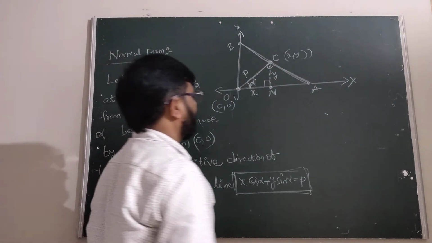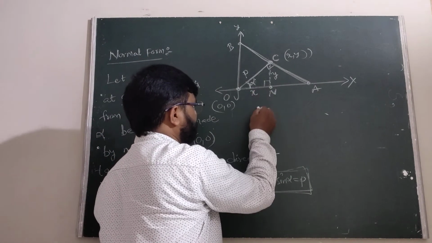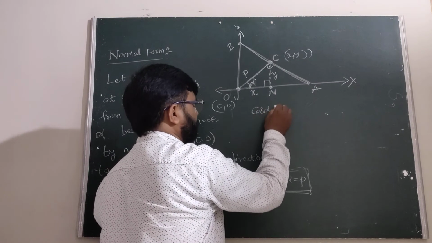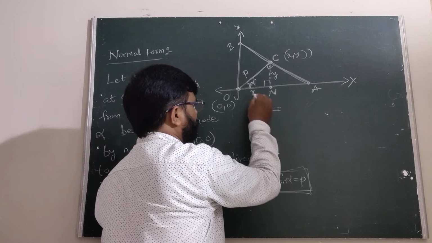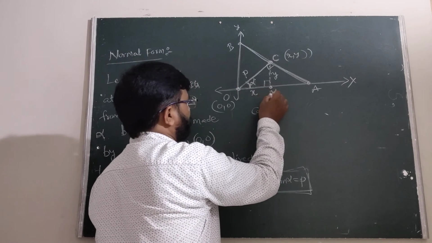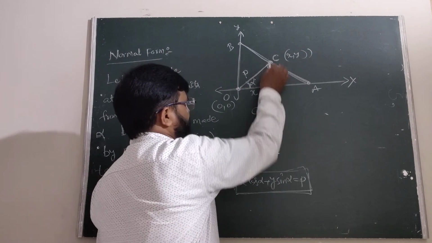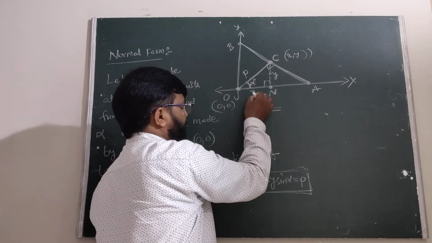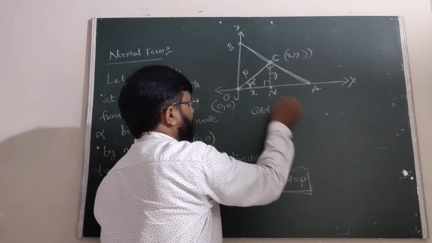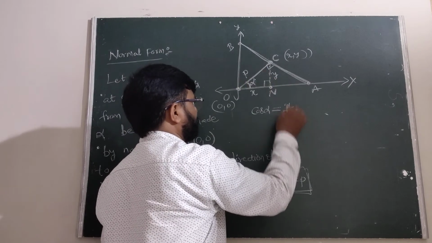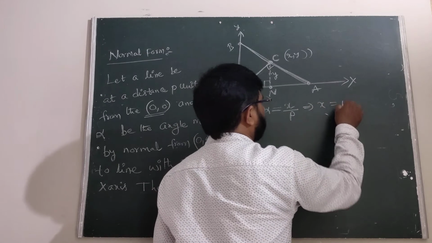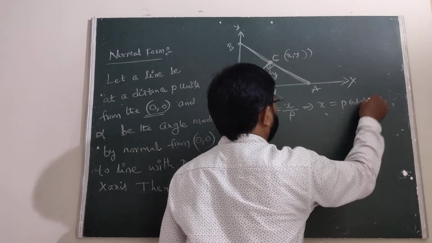From the right angle triangle, from trigonometry we know that cos alpha, from the triangle ONC, is the adjacent side x over the hypotenuse p. That implies we can write x = p cos alpha.